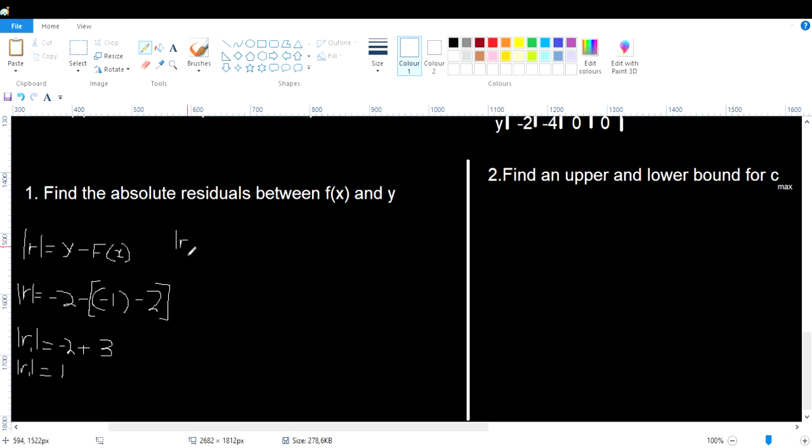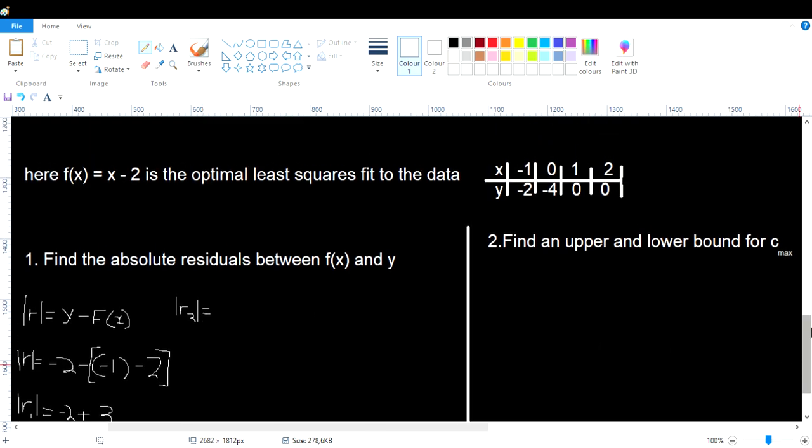Let's find the second residual. It's minus 4 minus, when we substitute 0 here, so it's minus 2.